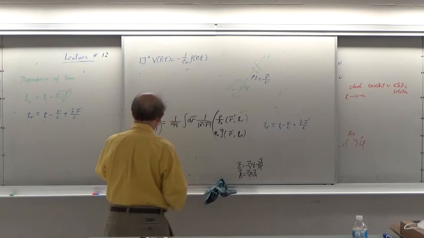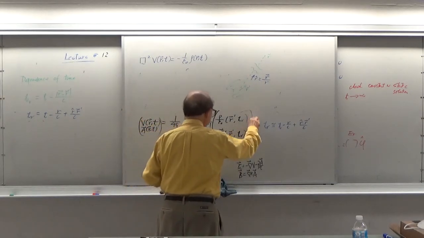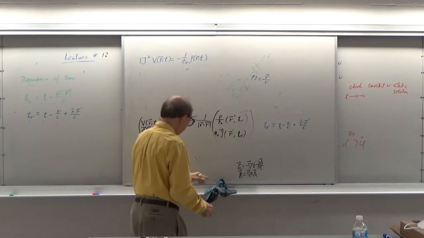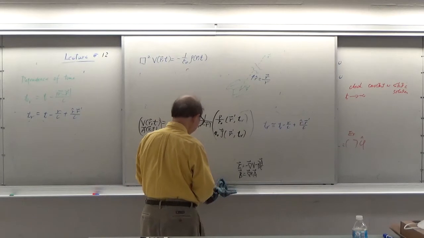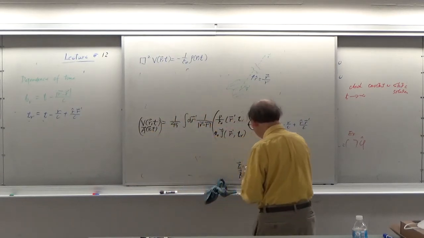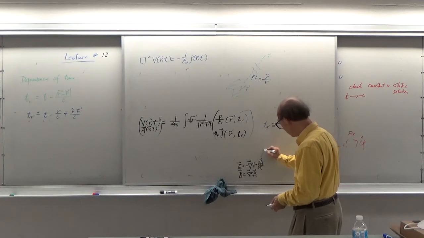And now, once we have the potentials given in terms of the sources, we can work out E and B. In E, there are two terms. One involves the del by del T term, and I will leave this alone for a moment.